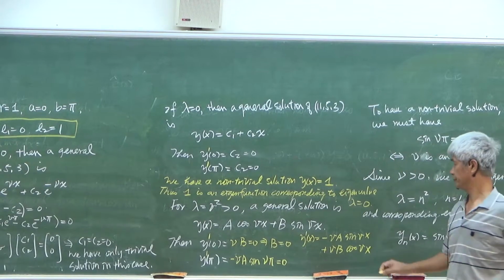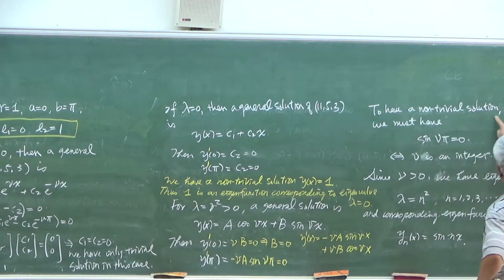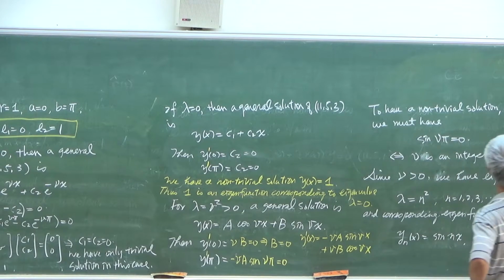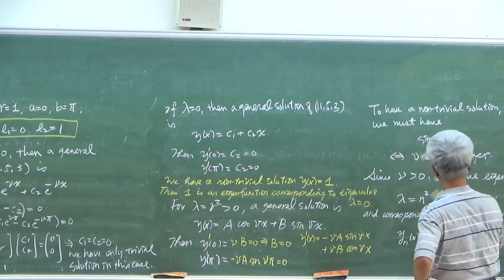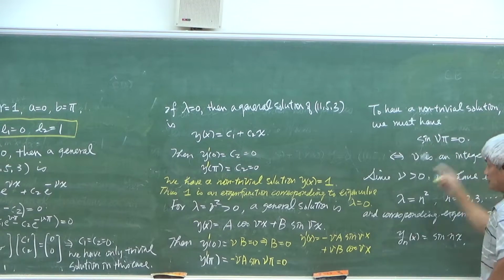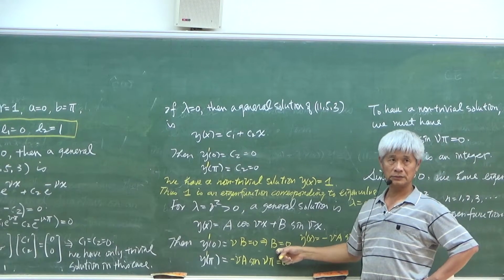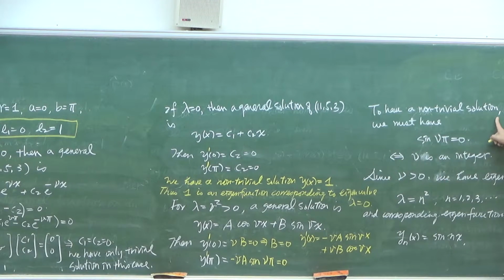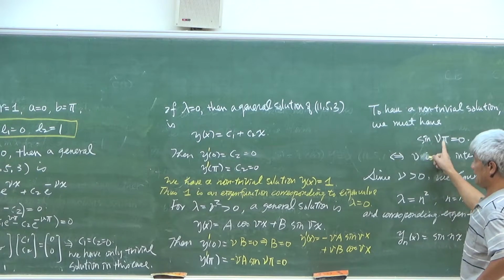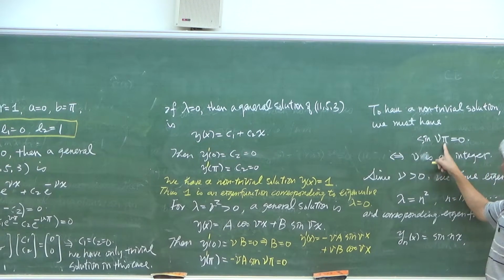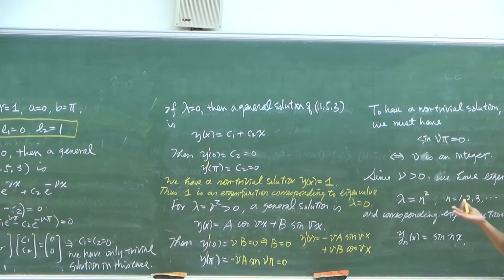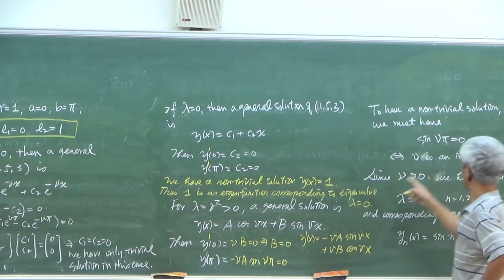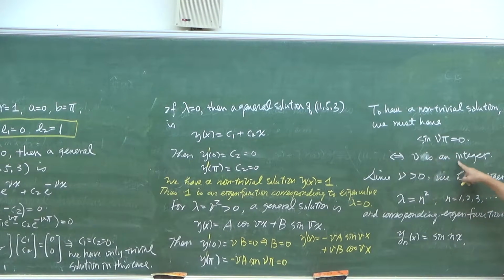To have a non-trivial solution, namely a not equal to 0, because b must be 0 from the boundary condition, we must have sine mu pi equal to 0. And so mu must be an integer because mu is greater than 0.